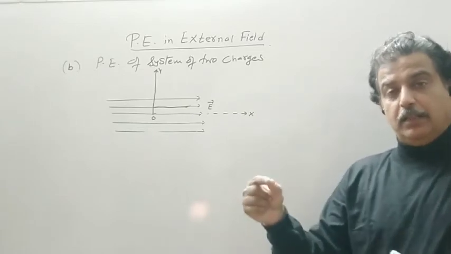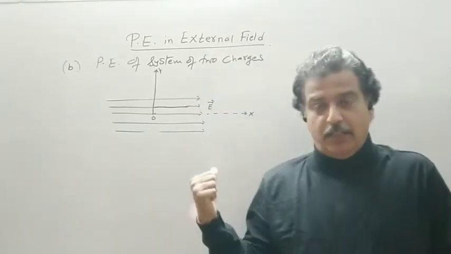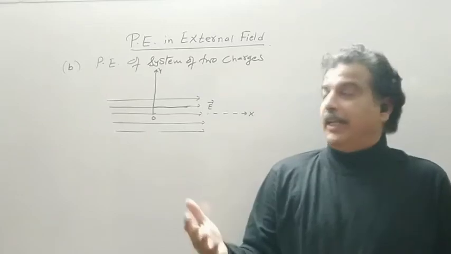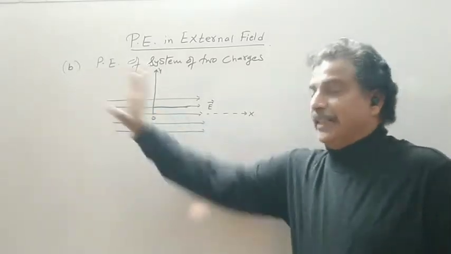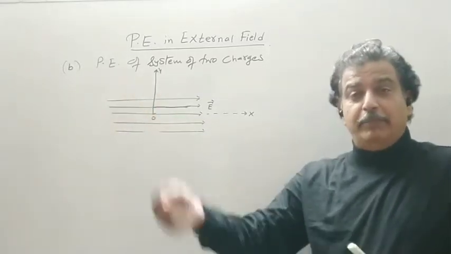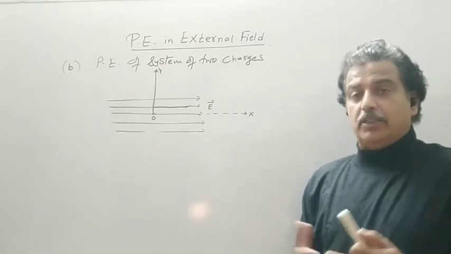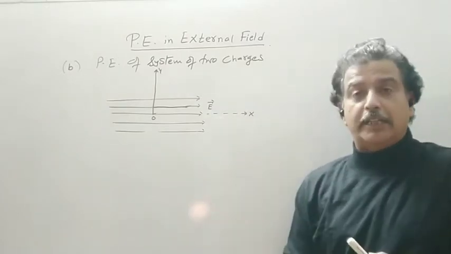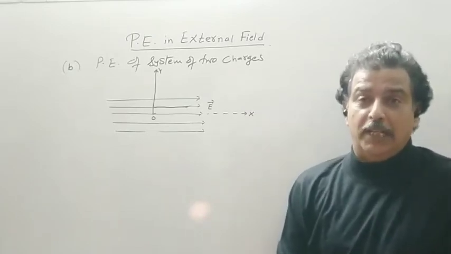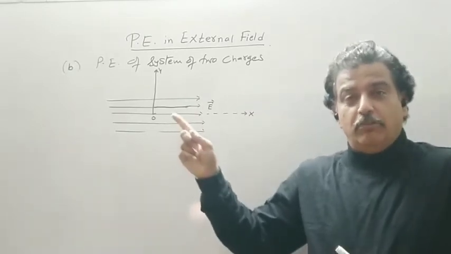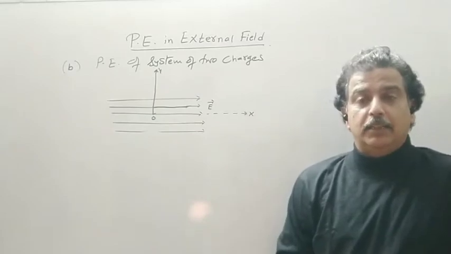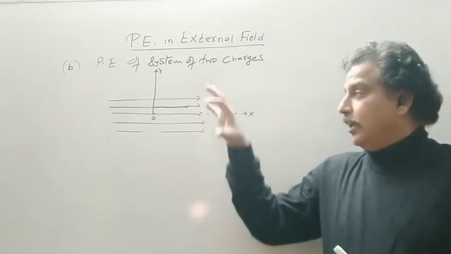So when we bring the first charge in the external field, the formula remains what we have done in part A. But when we bring a second charge, then you have to spend the energy against this external electric field as well as that charge, which will also create the potential in the field.